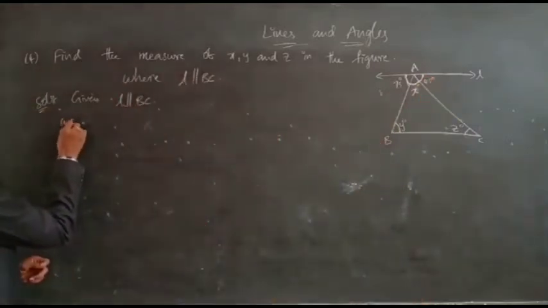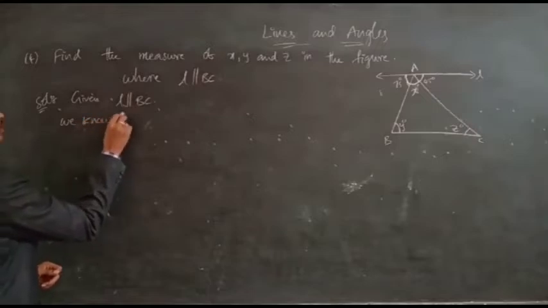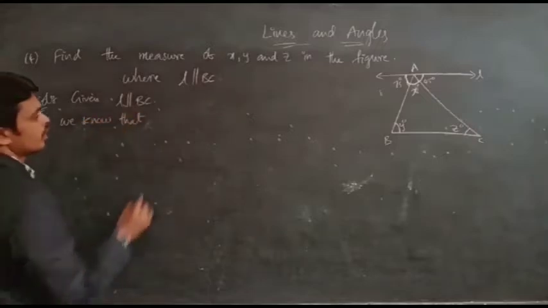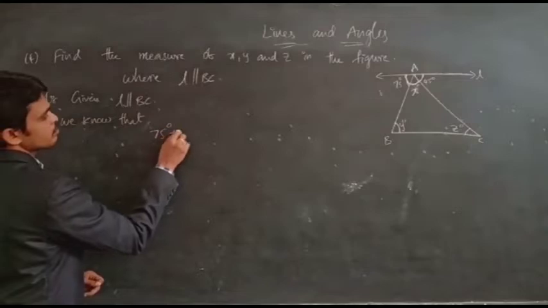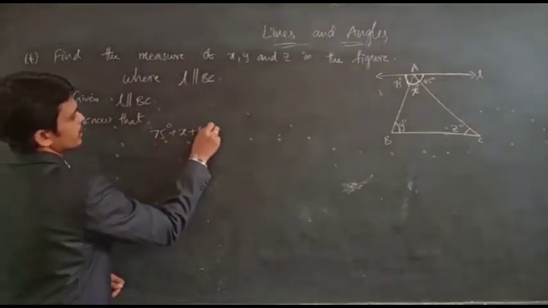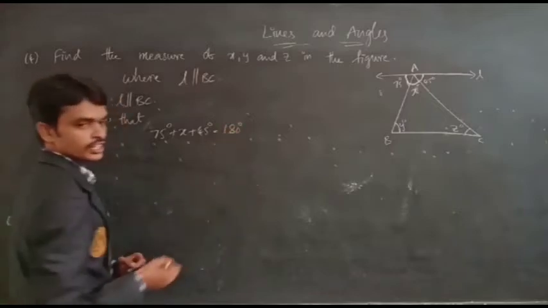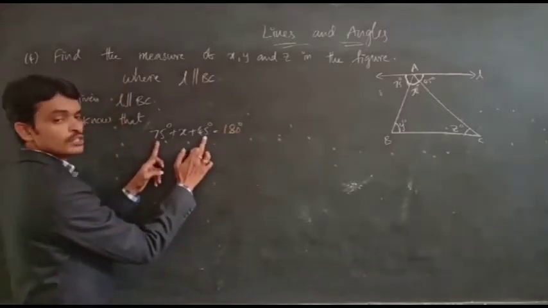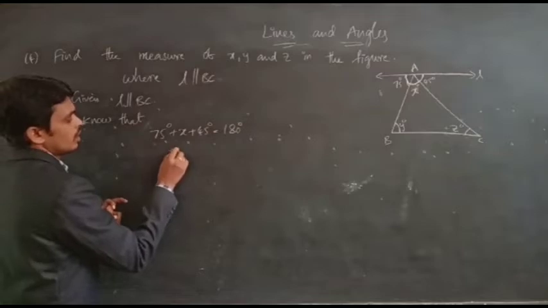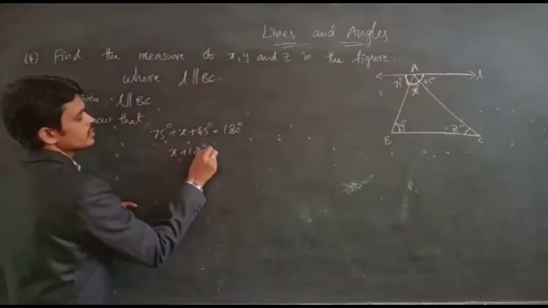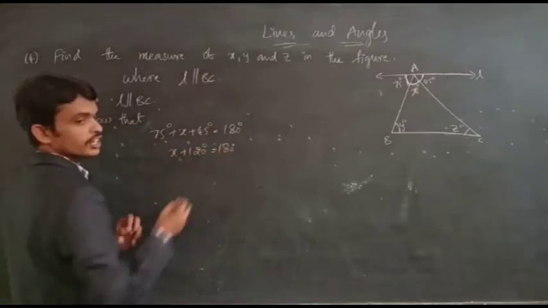So we know that 75 degrees plus x plus 45 degrees is equal to 180 degrees. Now let us add: 75 plus 45 is how much? 120 degrees.